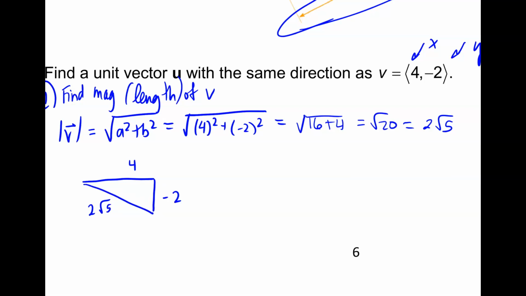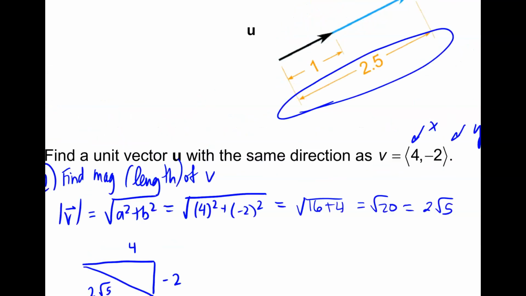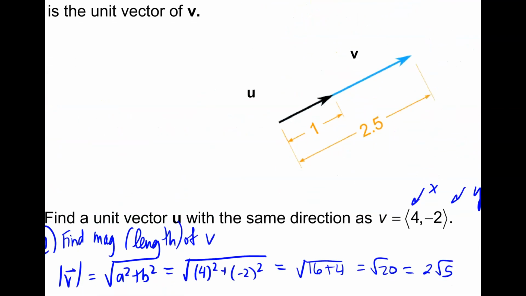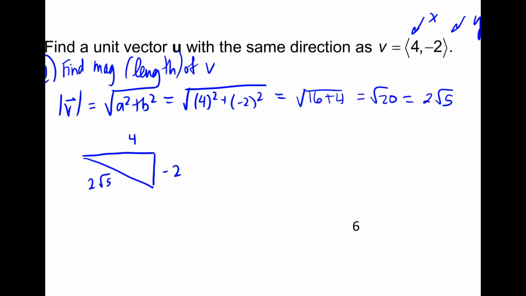I want the length to be 1. A unit vector has a length of 1, right? So here in our example, our vector v has a length of 2 root 5. I want my vector to be length 1. So in order to be a length of 1, I just have to divide by 2 root 5. So I'm going to take all of my sides and divide by 2 root 5.